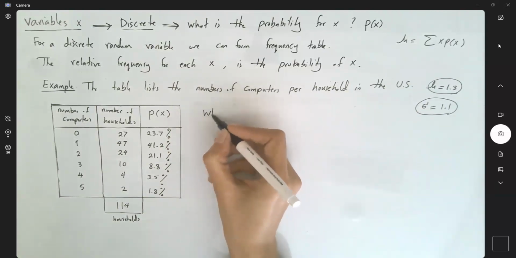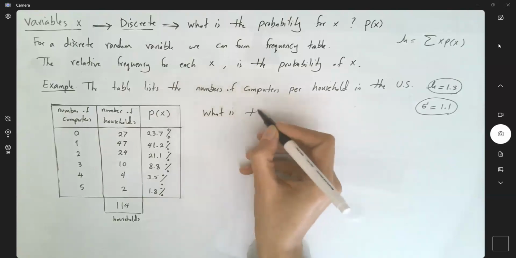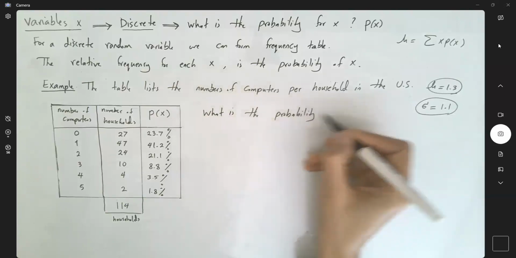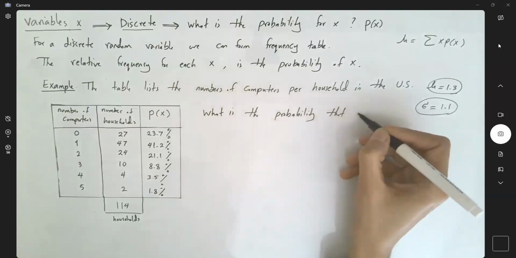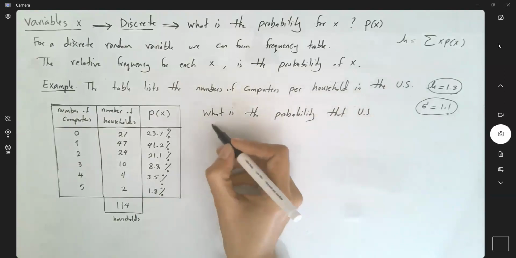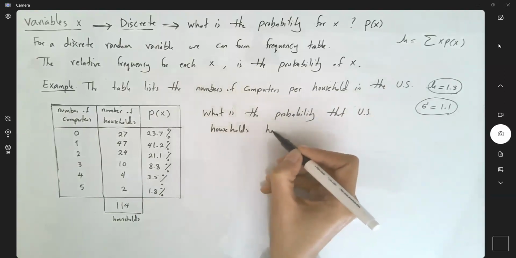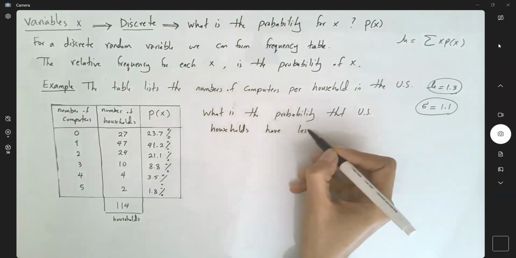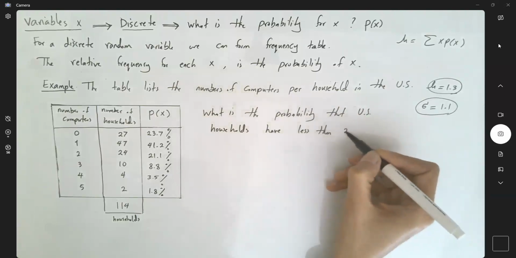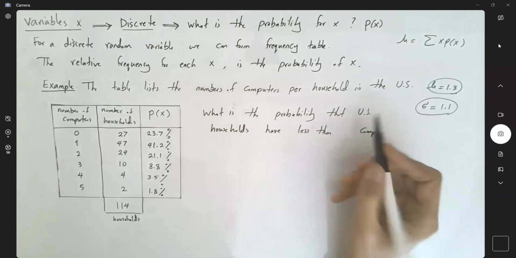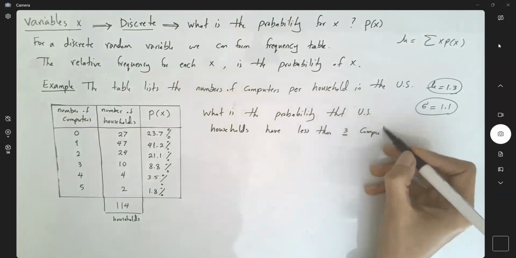What is the probability that US households have less than 2, let's write down 3 to give it a little bit more range, computers?